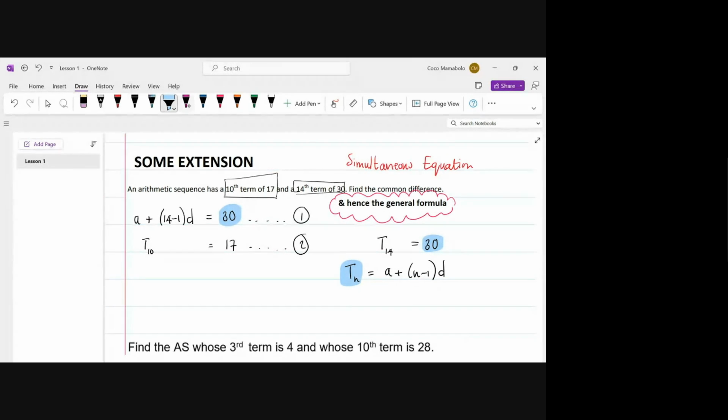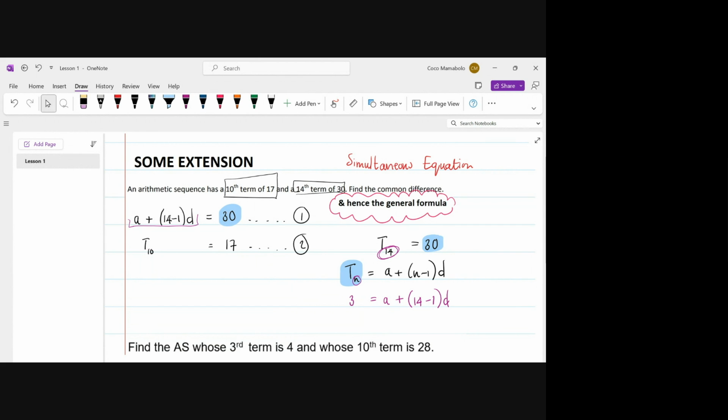Okay, now let's go to this other side over here. Now, because I know that this is T14, I can go T14, which is that number over there, is equal to A plus, but now I've replaced n with 14. So I can then go 14 minus 1 multiplied by D.